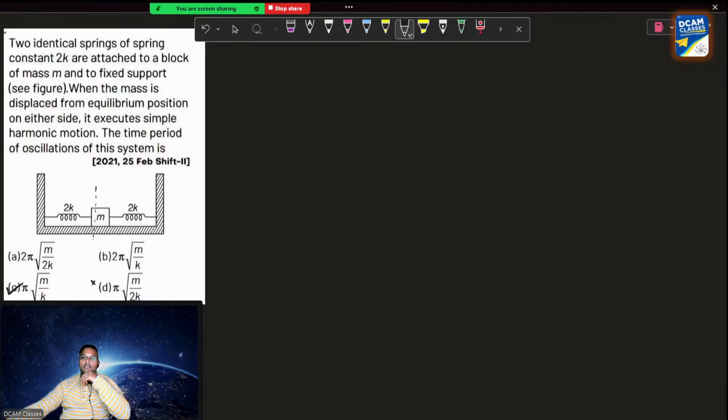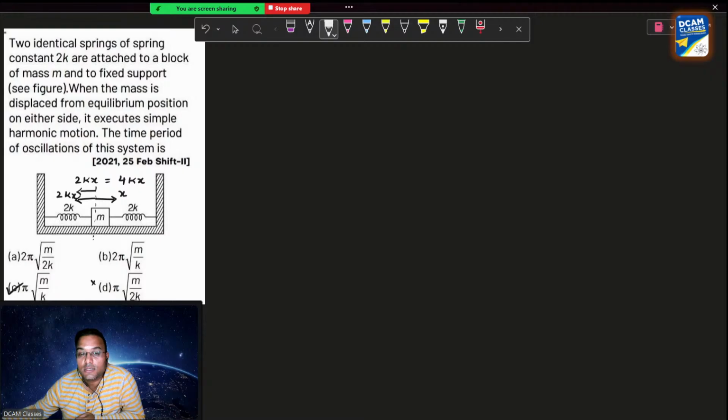Because if you displace it by a distance of x to the right, there will be a force towards the left because of this 2kx, and because this left 2k has been expanded by x, there will be again a force 2kx towards the left. So the effective restoring force is equal to 4kx.